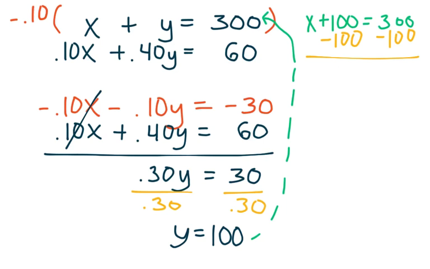Anytime you're solving an application, there's meaning to your answer. So we need to interpret what a solution of 200 for x means and what a solution of 100 for y means. Well, we had defined x to be the number of liters of the 10% solution.